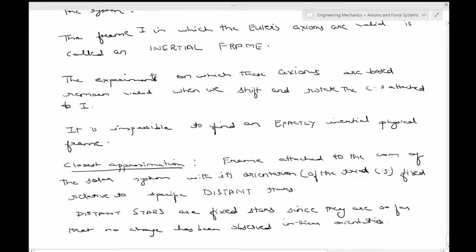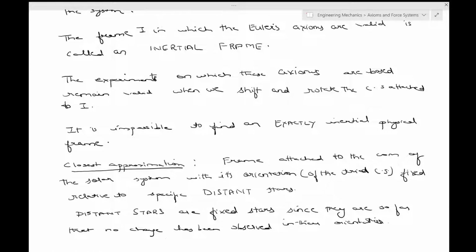So these are some sort of markers or buoys in a sea, which are so far that we assume they are actually fixed, and with respect to that we attach the frame to the center of mass of the solar system.